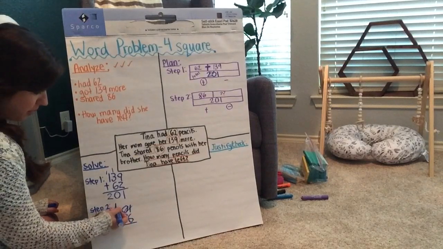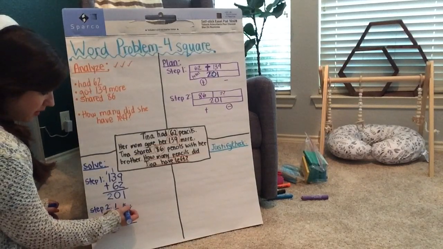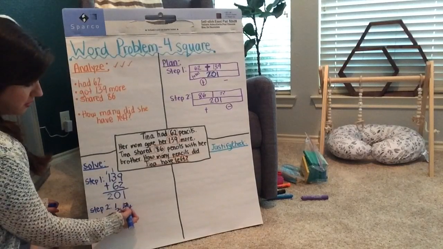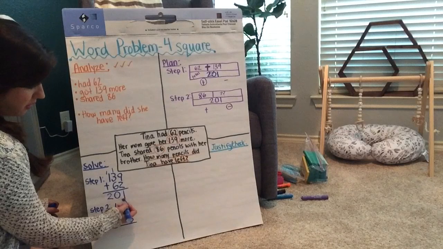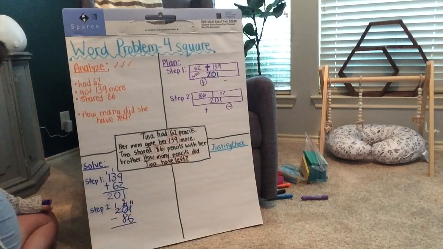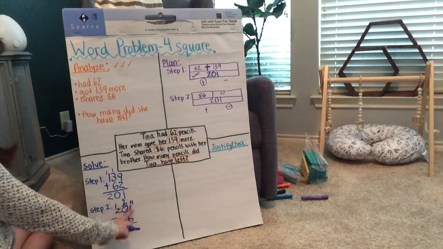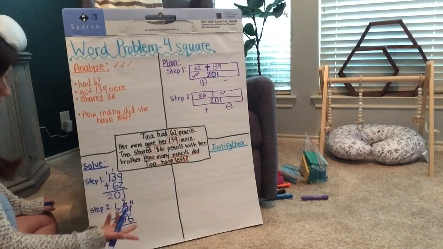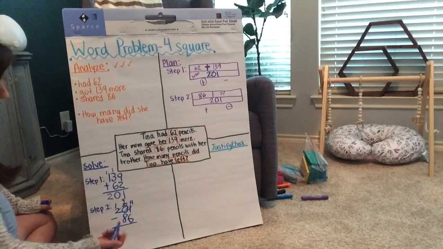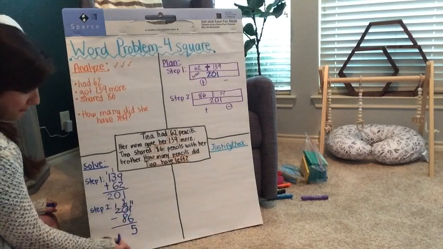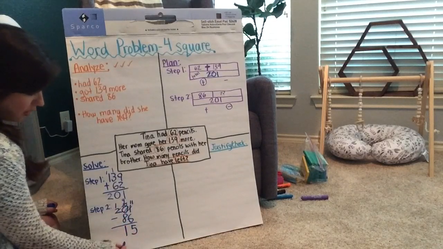This 2 becomes a 1, and he gets his 10. But he has to lend to the ones place. So now he has 9, and then the ones place, I have the 10 that he lent plus that 1. So I have 11. Now I can go ahead and start subtracting. 11 minus 6 is 5. 9 minus 8 is 1.